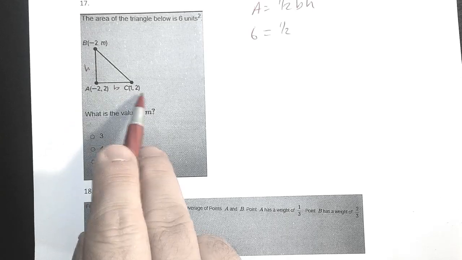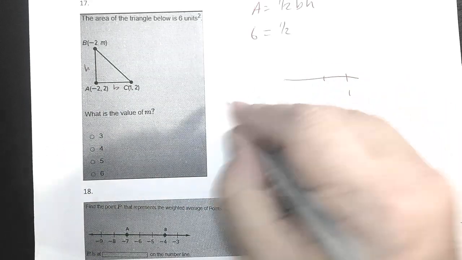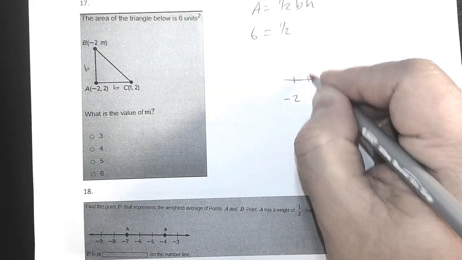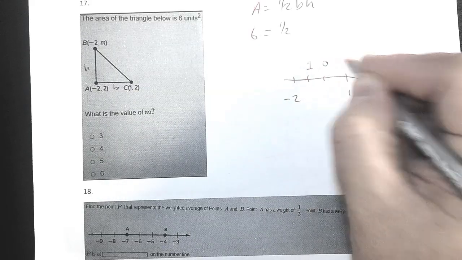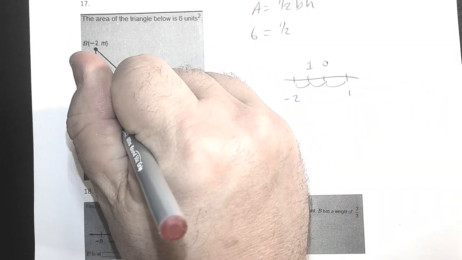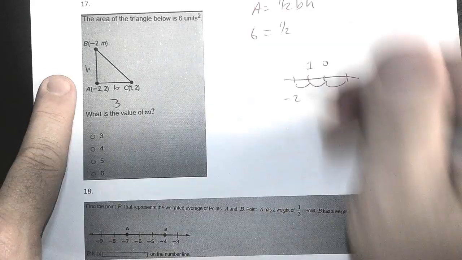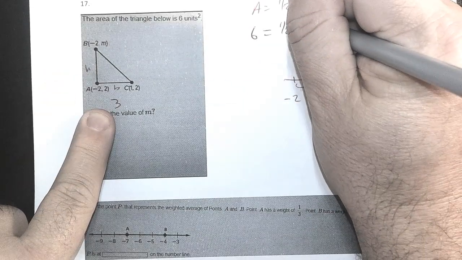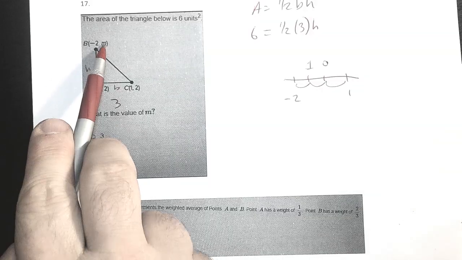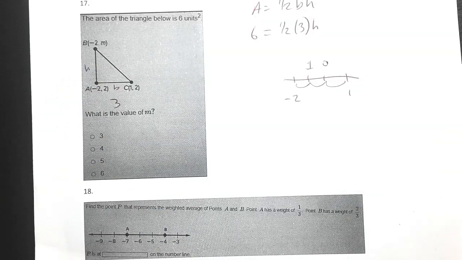These are both on 2, so to go from 1 to -2, so let's say this is 1, this is 0, so we would go 1, 2, 3. So this guy is 3. These are both, so your base is 3. So we're looking for height, because this is -2, -2. It's how far up from 2 does it go?